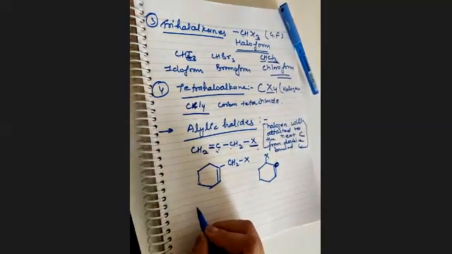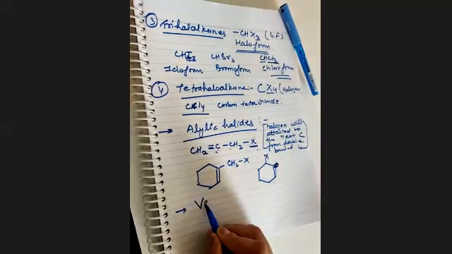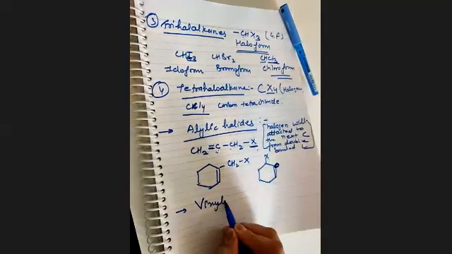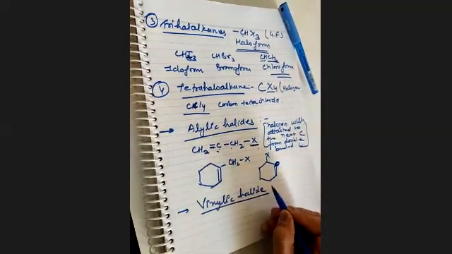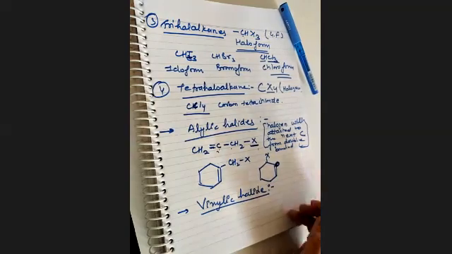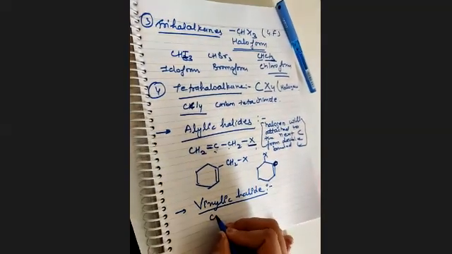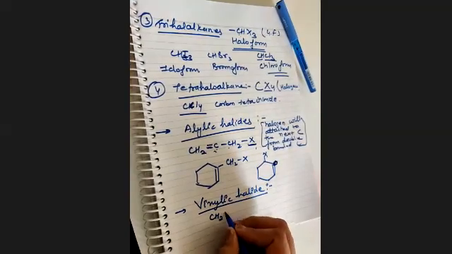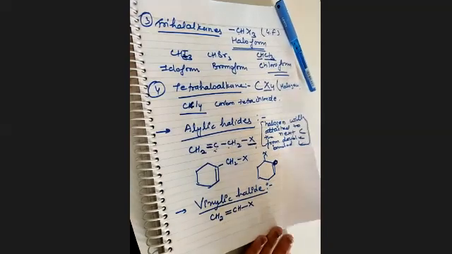Next, let's talk about another type of halide, that is vinylic halide. This halide forms when your halogen group is attached to the same carbon atom with which the double bond is attached.